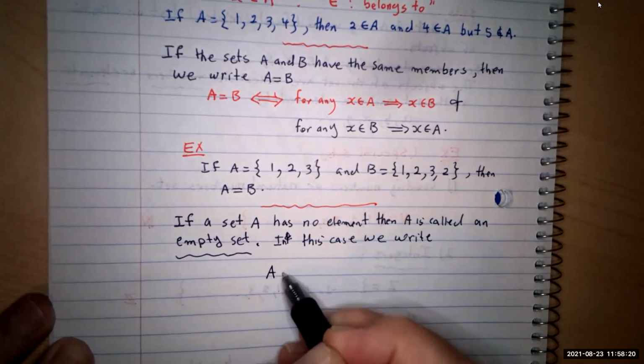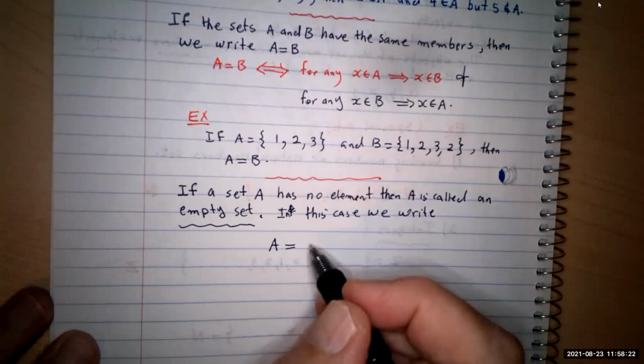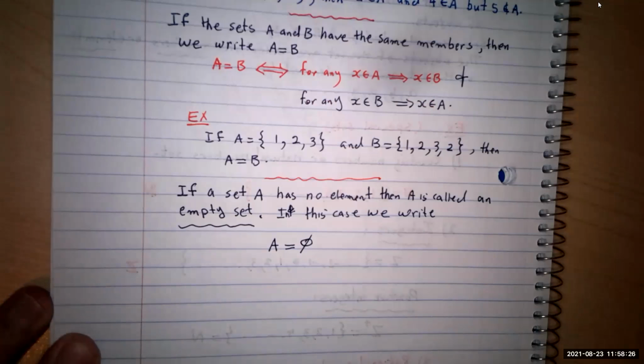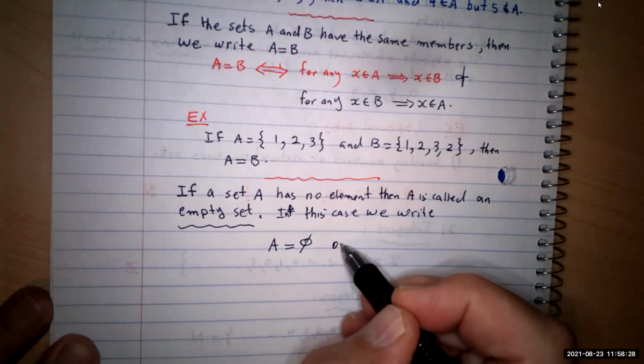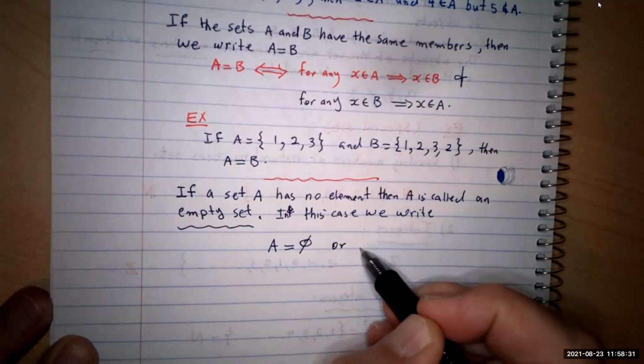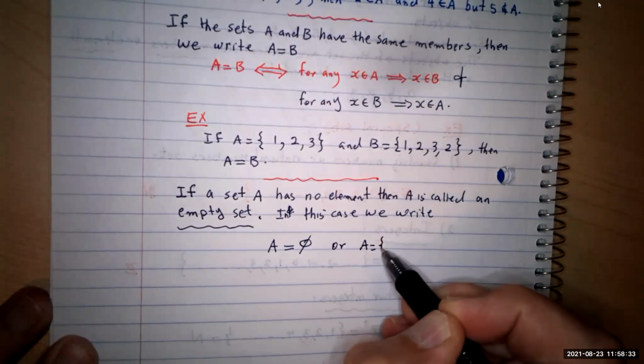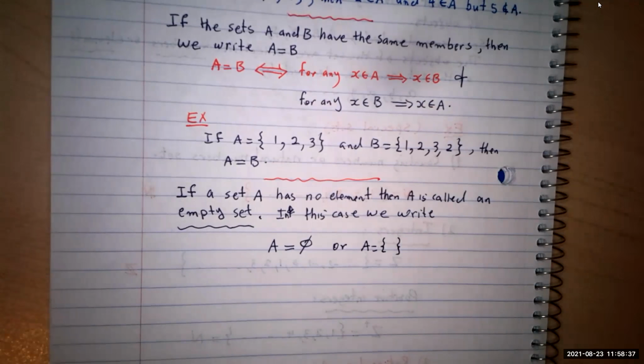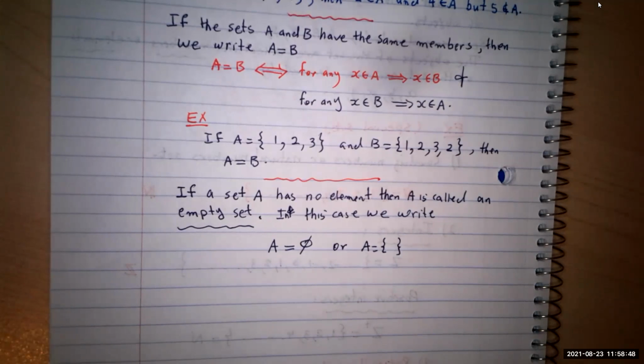You may write this notation, you see, or the empty set, or you may write this one, just the empty set, nothing else. You are going to use this a couple of times through this course, even up to the final. So make sure you use the correct notation for the empty set.